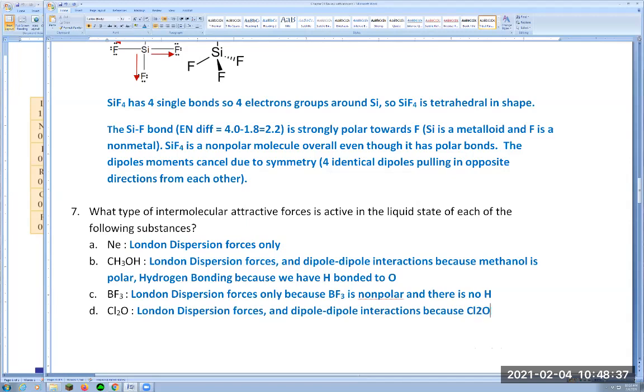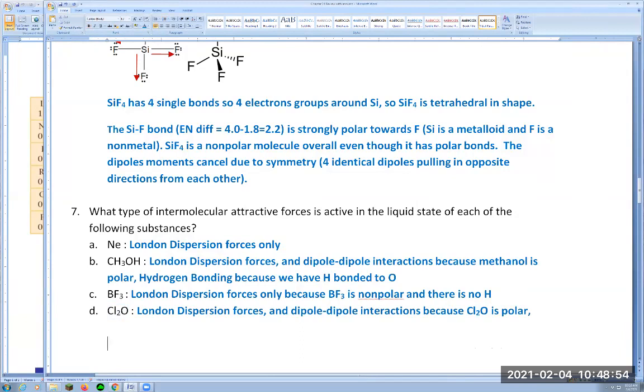Cl2O is polar. So next we need to decide, do we have hydrogen bonding? And here again, we have no hydrogen. So then it cannot experience hydrogen bonding.